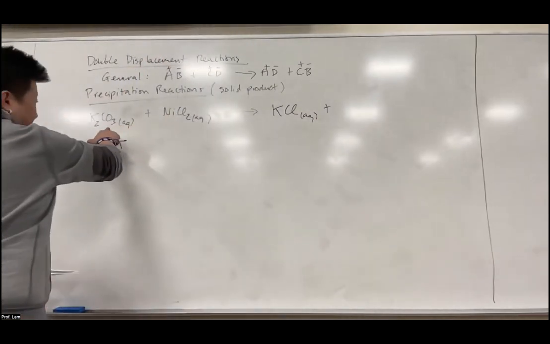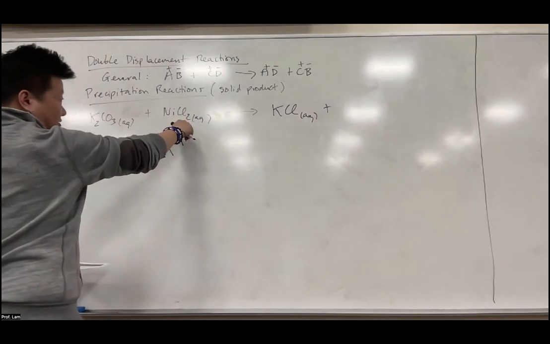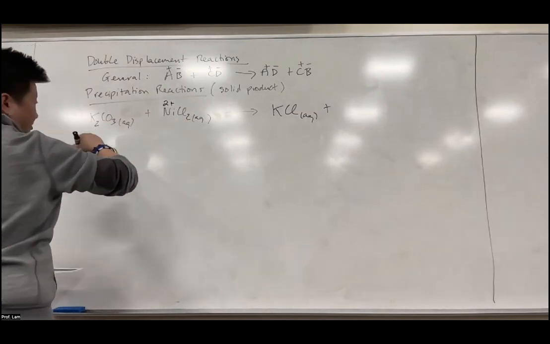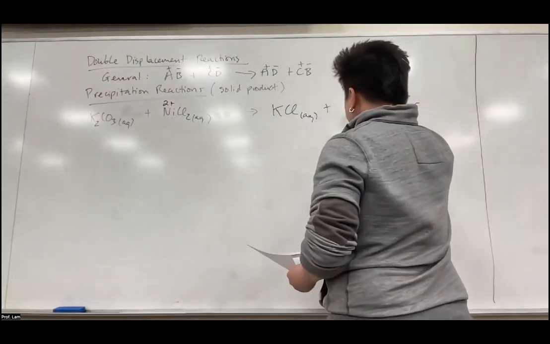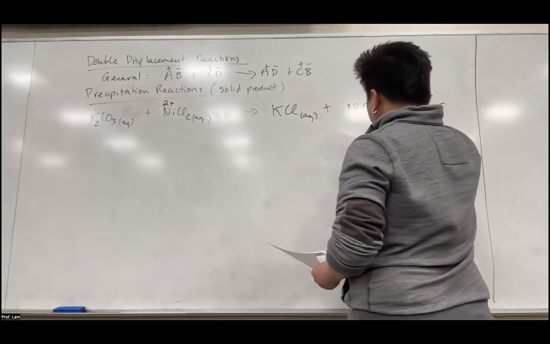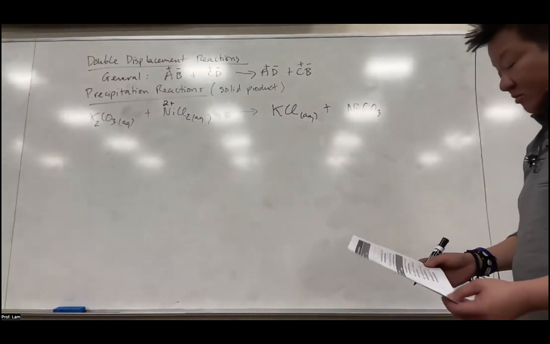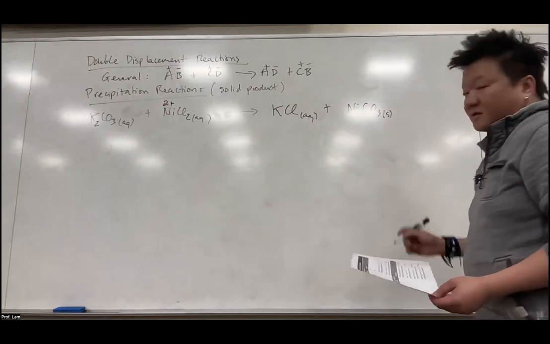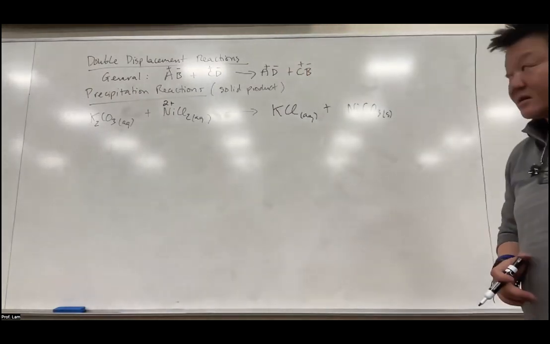Plus nickel carbonate. So nickel here is 2 plus, remember that, because here you have 2 chloride. So nickel here is 2 plus, and carbonate's 2 minus, so that's just 1 nickel and 1 carbonate. Then you look here, it says carbonates are generally insoluble. Nickel's not on the list. So it's going to be a solid. So do we have a precipitation reaction here, guys?